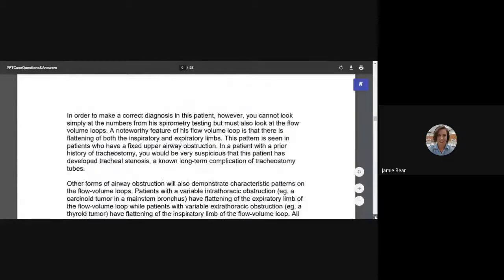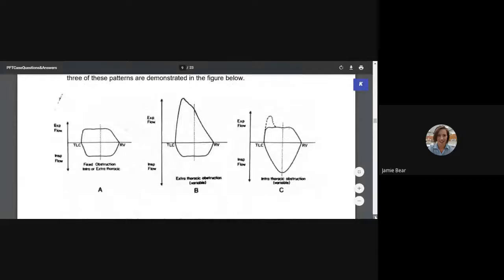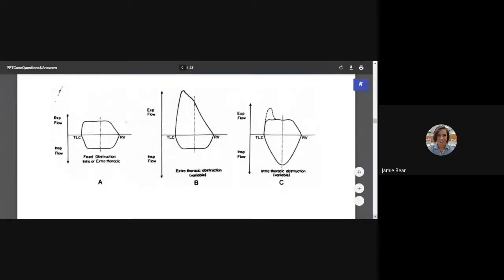And from his history, it was shown that he was previously trached. And so when people have long-term artificial airways, a lot of the time they can get something called tracheal stenosis, where there's hardening of the trachea. And so that will cause this fixed airway obstruction.